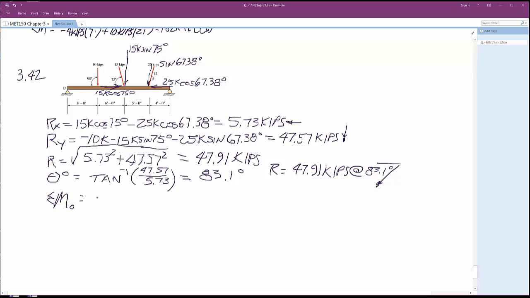So we got the 10 kips. That makes it a negative. It's going clockwise, times 8 feet. Minus 15 kips. It's going clockwise as well, right? 15 kips sine of 75 times 8 and 6, 14, right?